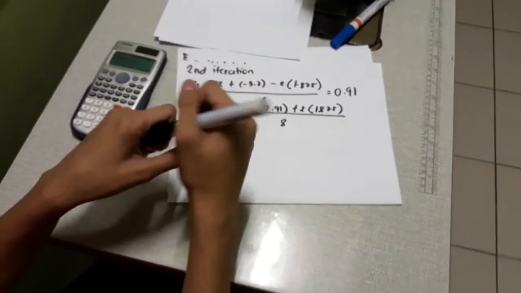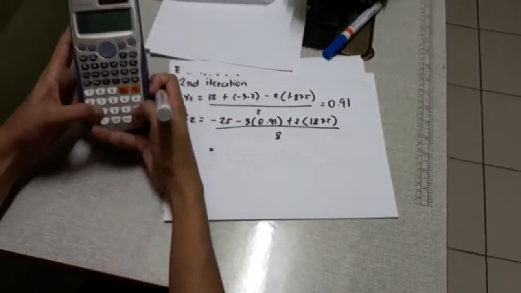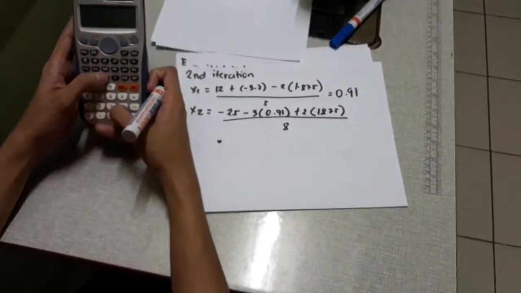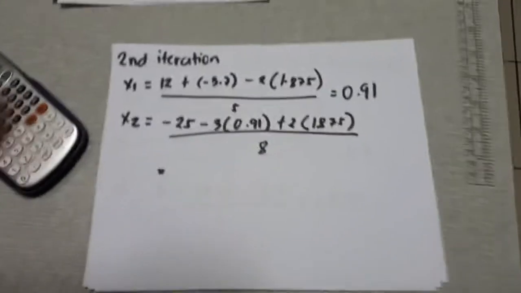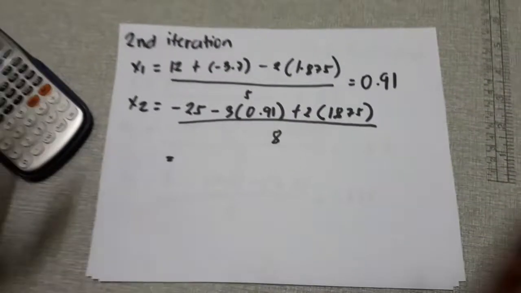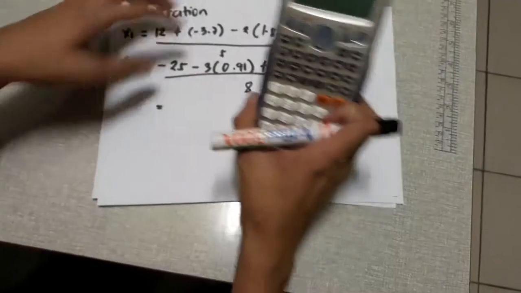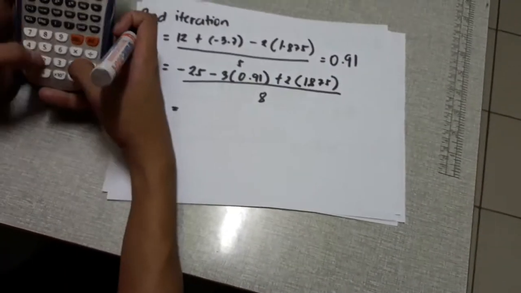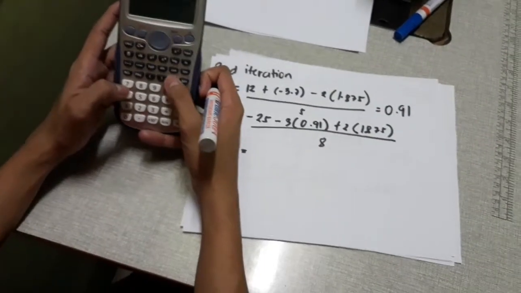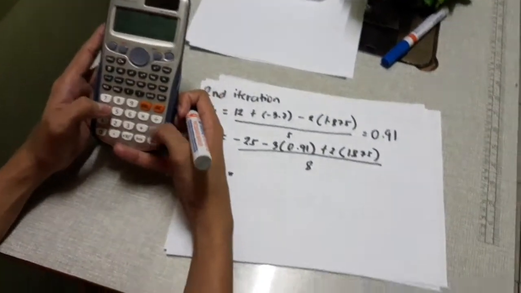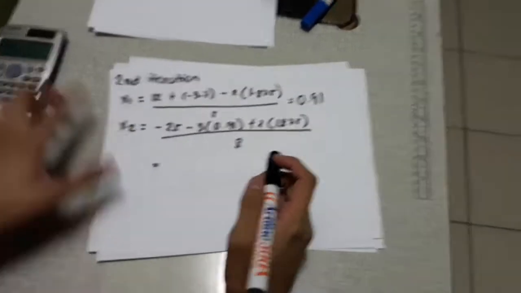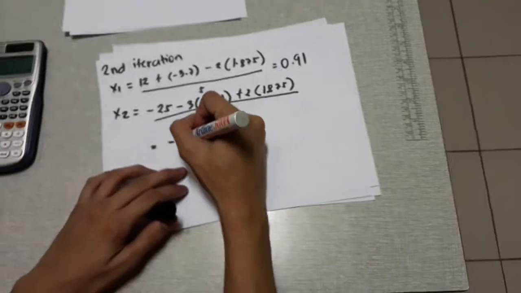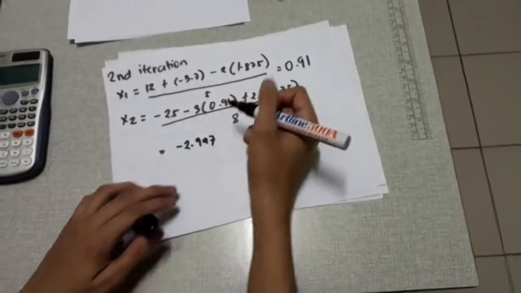When we calculate it, this is equal to negative 2.997.